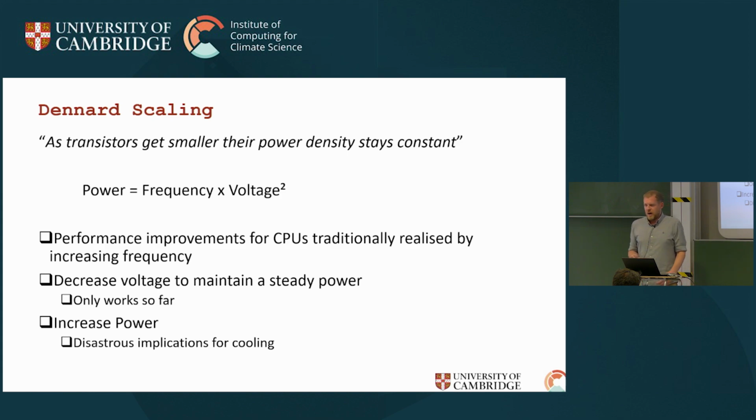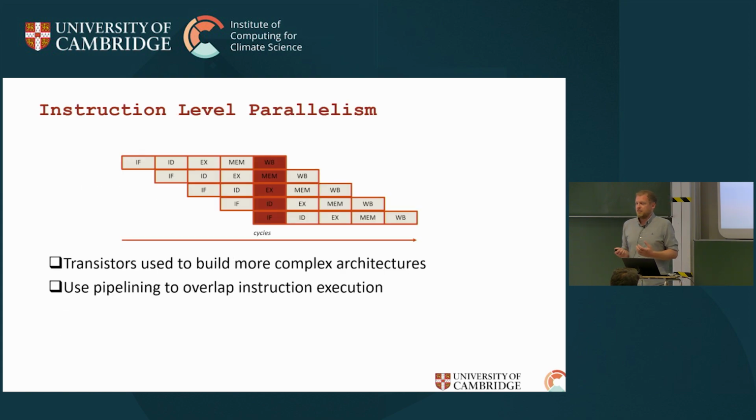So the way in which you can get performance is to put those transistors to good use. And to do that, you have to do clever things with the architectural design. So use the transistors more effectively to get better throughput on the devices. I appreciate this may be common knowledge to some of you, but I'm covering quite a bit of background here.